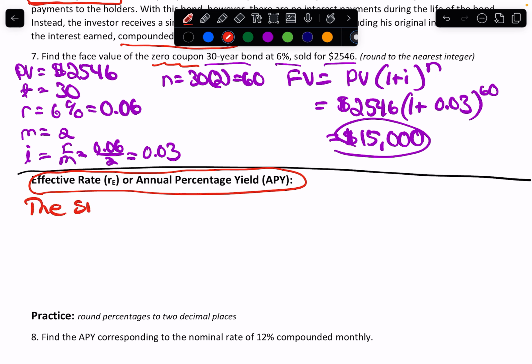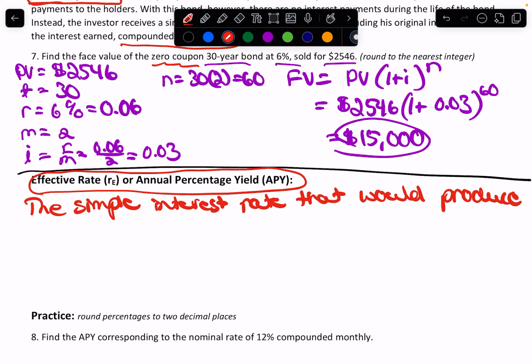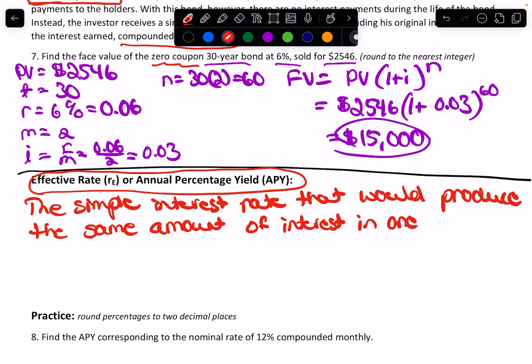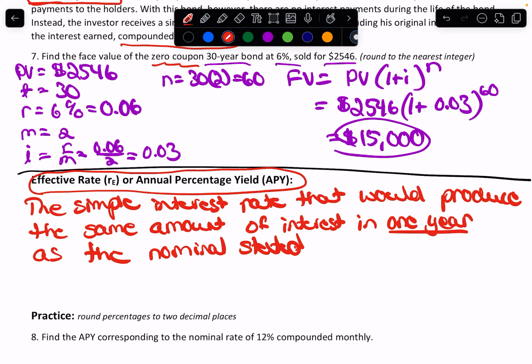The simple interest rate that would produce the same amount of interest in 1 year as the nominal, that is the stated, compound rate.